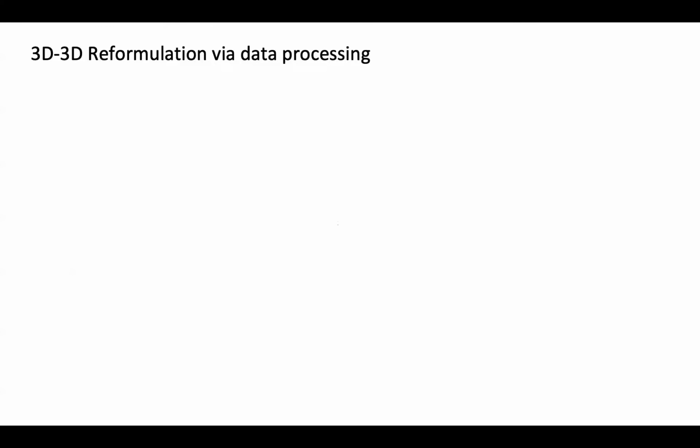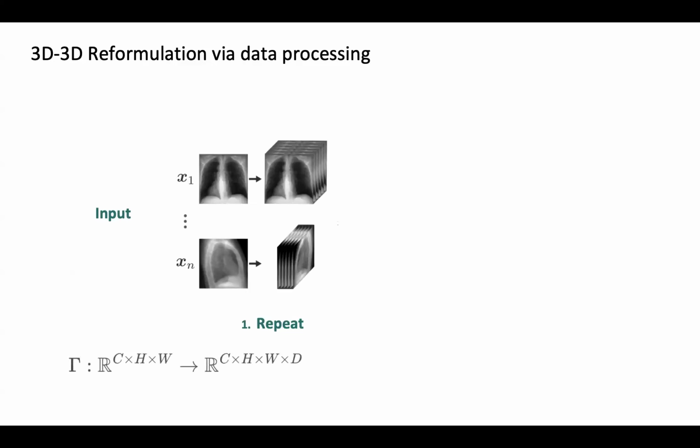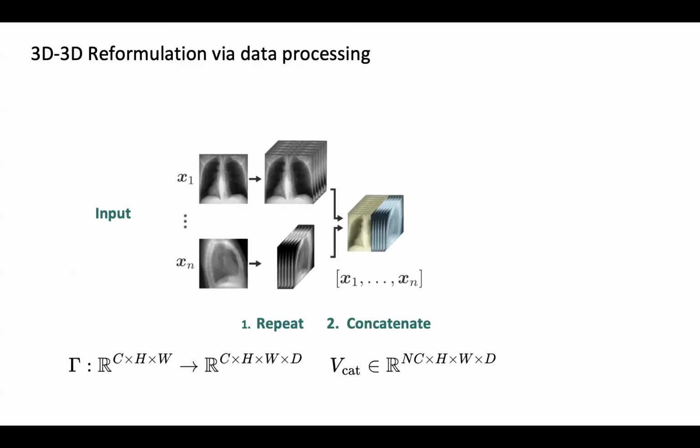Now, I will introduce a data processing pipeline that allows us to reformulate the problem into a 3D to 3D modeling problem. Having as input any number of X-rays, we first increase their dimensionality by repeating them along the depth axis. Second, we concatenate such inputs along the channel axis, resulting in a high-channel 3D input.